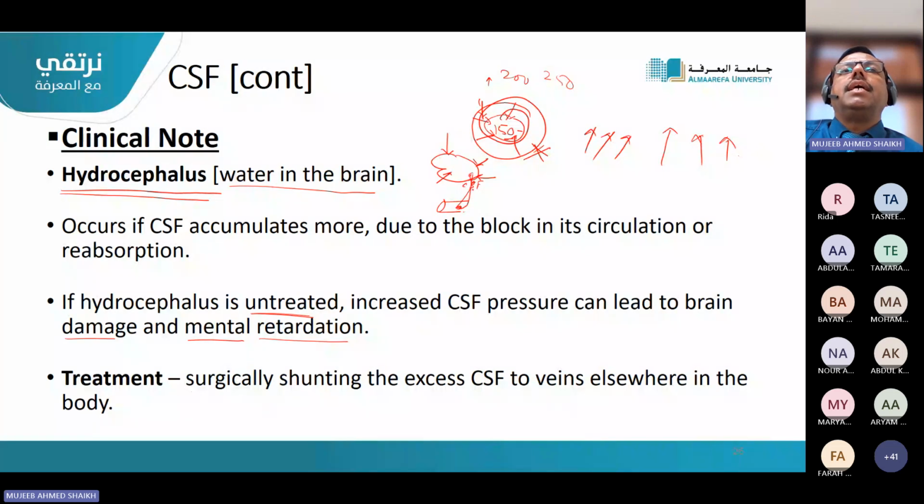They will make a passage between the subarachnoid space and a venous drainage, maybe in the jugular vein or any vein which is around it. So this is shunting, shifting the fluid from the formation area, that is the subarachnoid space, to the venous system. This is called a shunt. So you can decrease the pressure by draining that into a venous system.